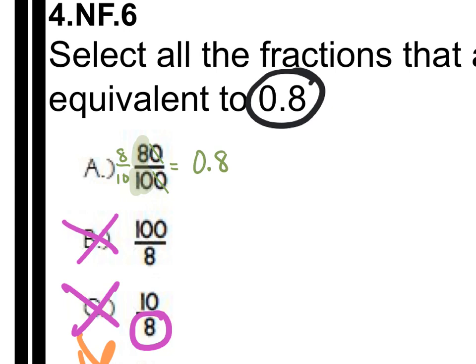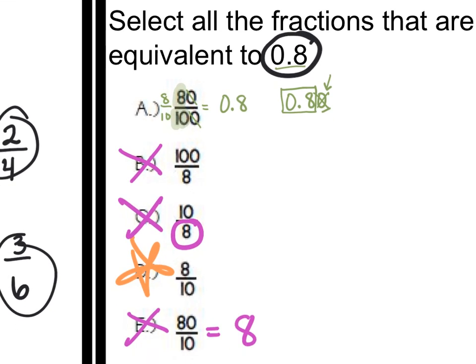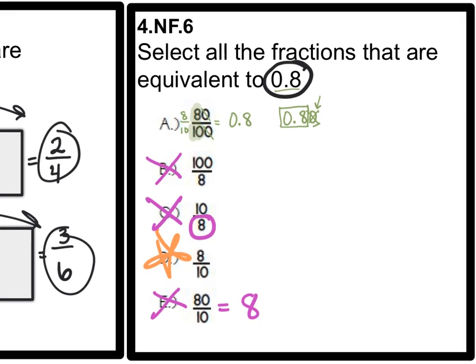If I were to keep it 80 hundredths, I would write 80 hundredths in decimal form as 80 with the 0 landing in the hundredth spot, because in decimals, this last zero can be here or not be here. 80 hundredths is the same thing as 8 tenths. You guys see the 8 tenths there? So our two viable options for what is equivalent to 8 tenths would be, of course, A and D. Those are the two that would be equivalent to 8 tenths.